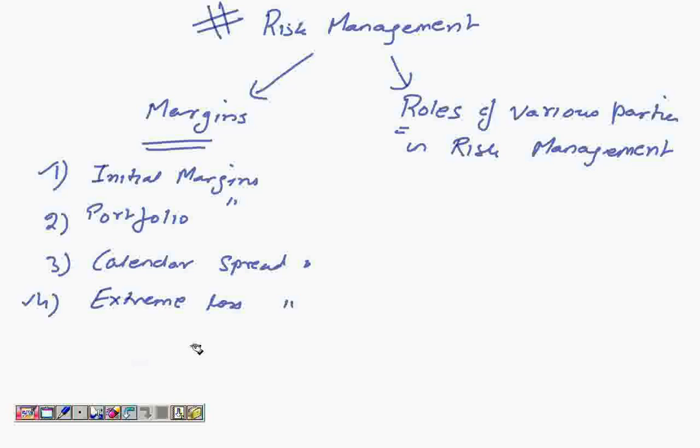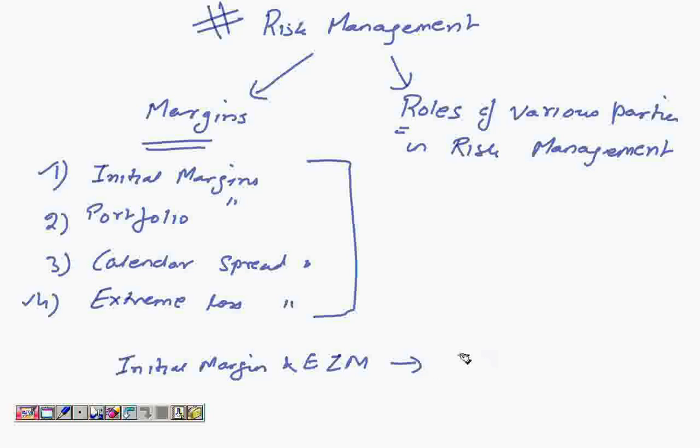So what I'm saying is, before we go on to margins, the initial margin and extreme loss margin are maintained by the clearing member, and a clearing member has to maintain 50 lakhs at all points of time, excluding the initial and the extreme loss margins.